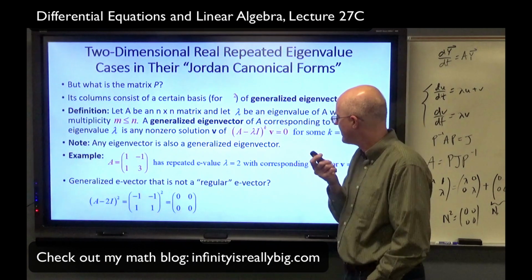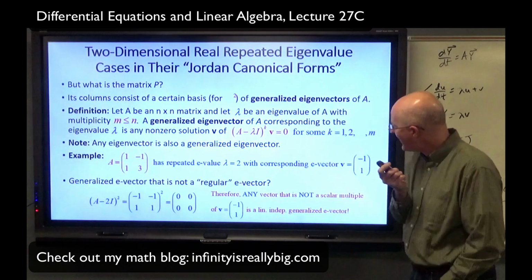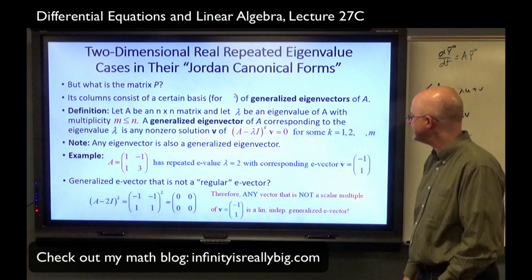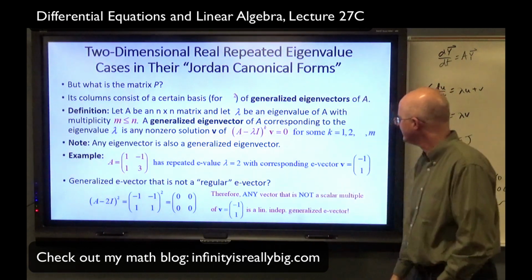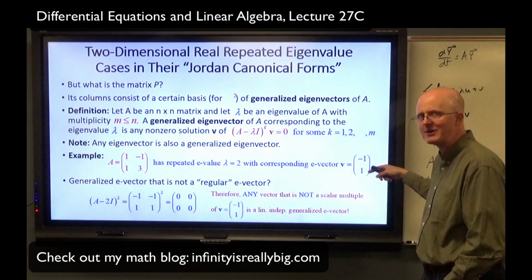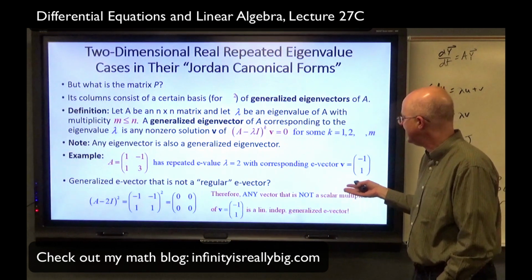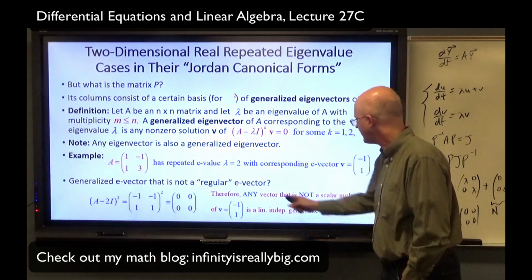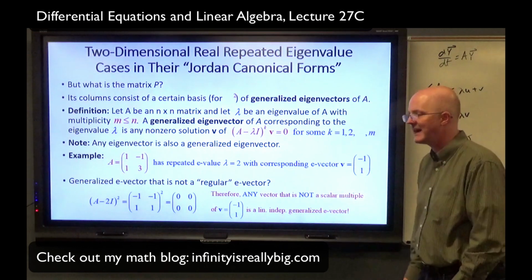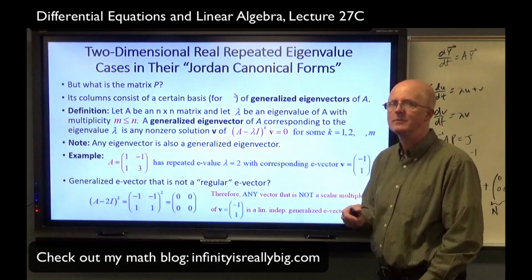And since that's the zero matrix, any non-zero vector that is not a scalar multiple of this is a linearly independent generalized eigenvector. Again, regular eigenvectors are generalized eigenvectors, but I'm after a second one that's linearly independent from this one. So pick any non-zero vector that is not a scalar multiple of this, and you'll get a second linearly independent generalized eigenvector that we can then put in the matrix P to try to get A into Jordan canonical form.